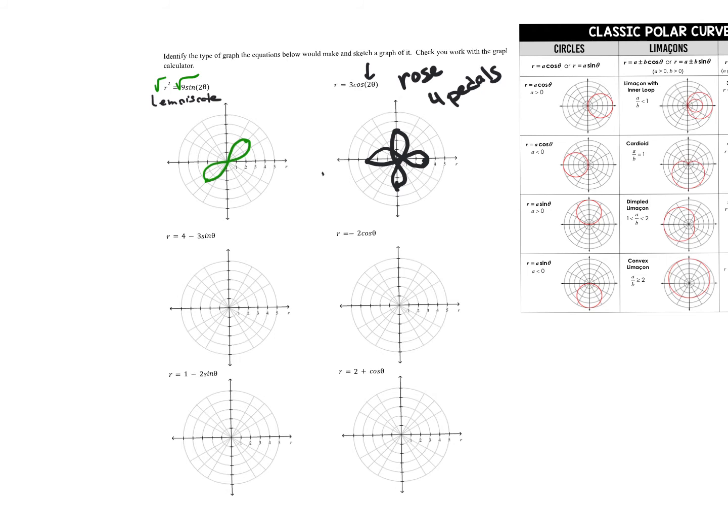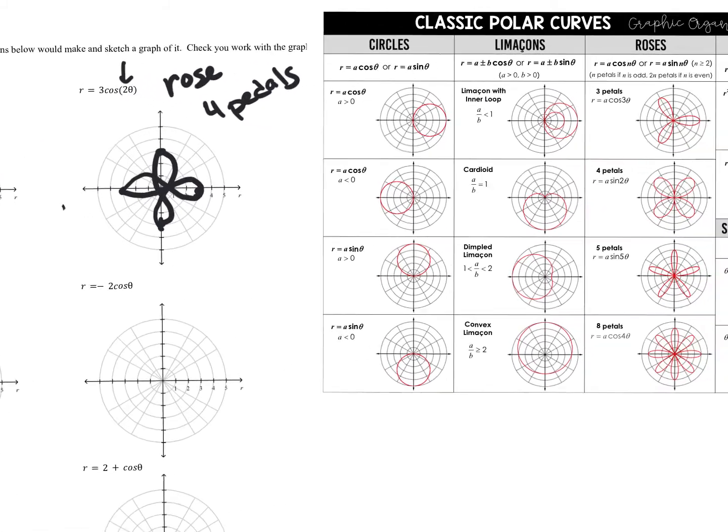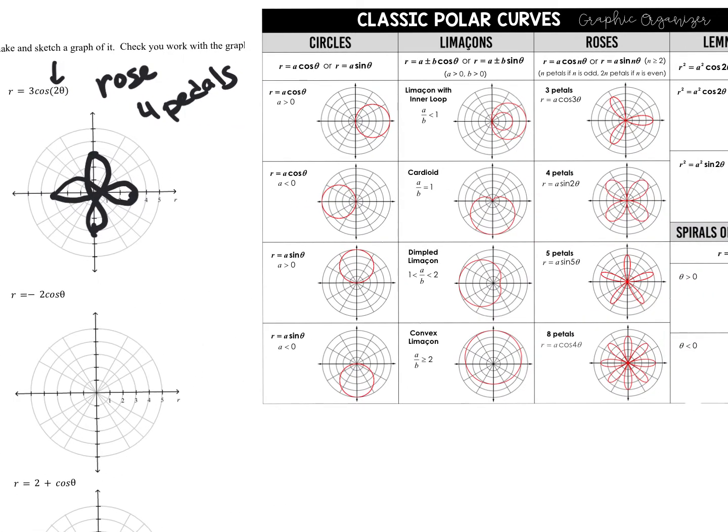All right, let's look at 4 minus 3 sine. So we have a number minus another number with a sine in front of it. So if we look at this, the one this best matches, I would say, is one of our limaçons, because we have a number, plus or minus, in this case minus 3 sine theta.